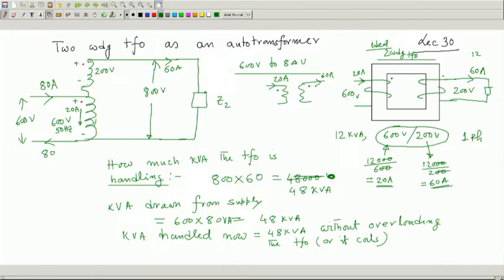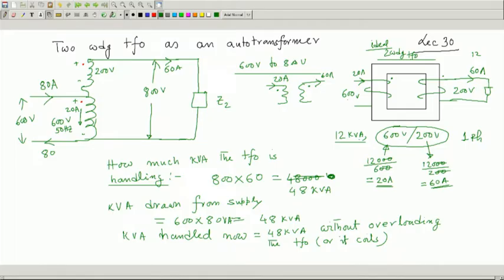So, everything is in rated condition so far as windings or coils are concerned, and still it is handling, as a two winding transformer it could handle only 12 kVA, but to much surprise, it looks like 4 times more it is handling, is it not?